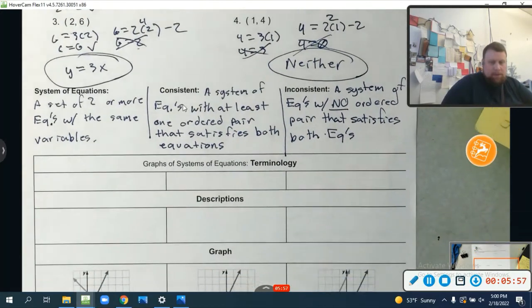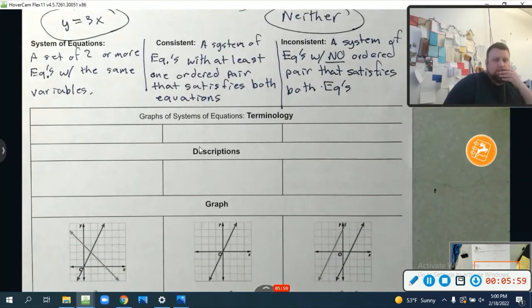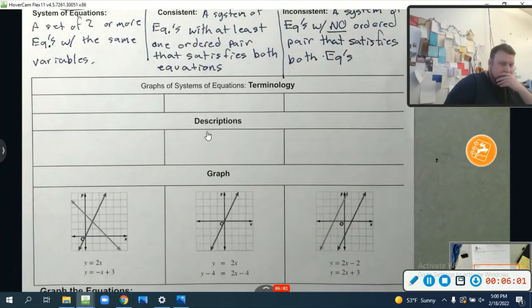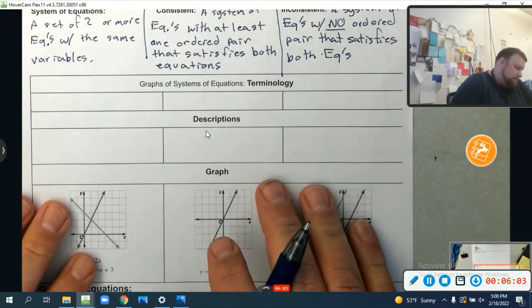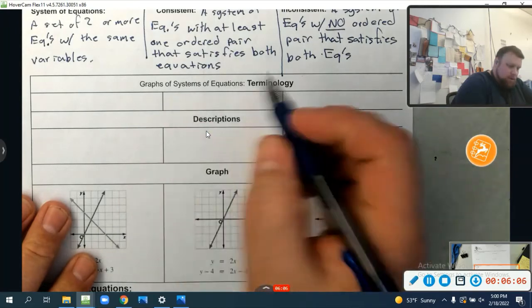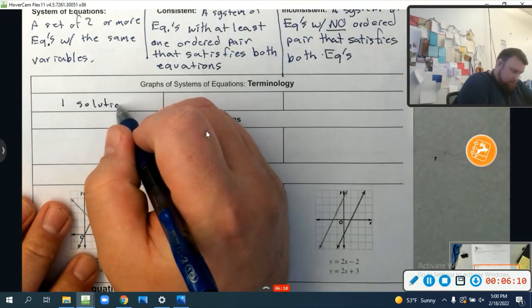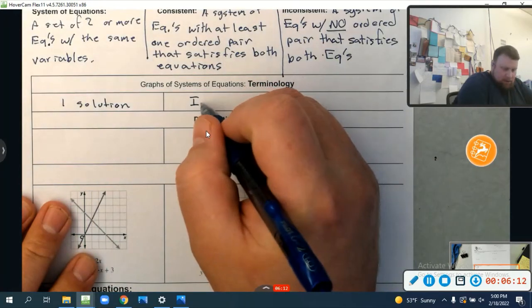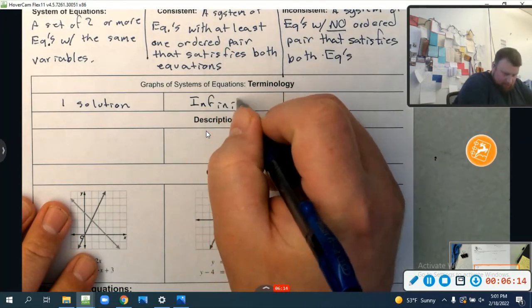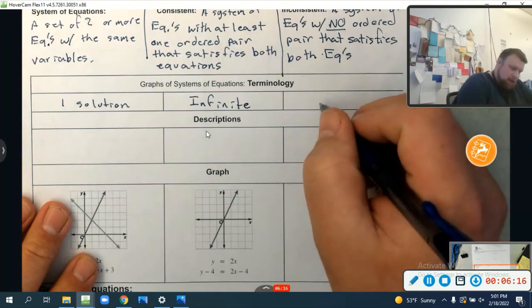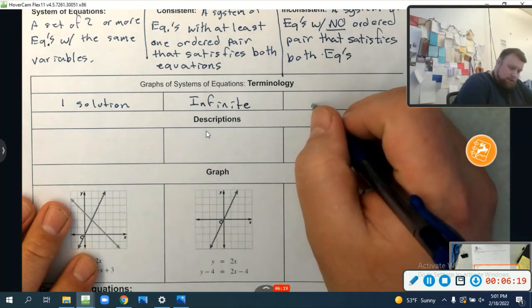So we're going to define some of the graphs of systems of equations terminology. Here's the terminology we're going to use. Number one, we're talking about when there is one solution, infinite solutions, and no solution.